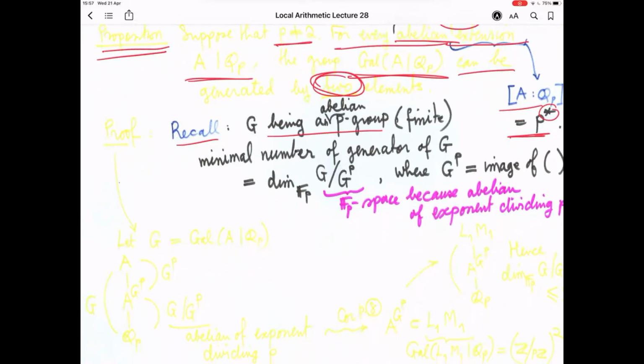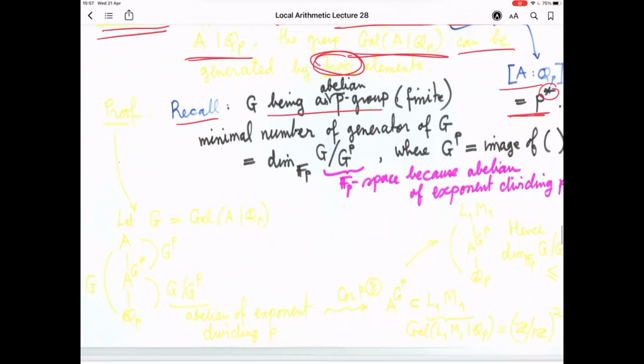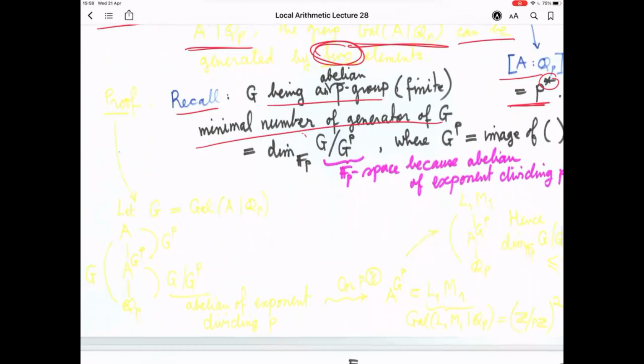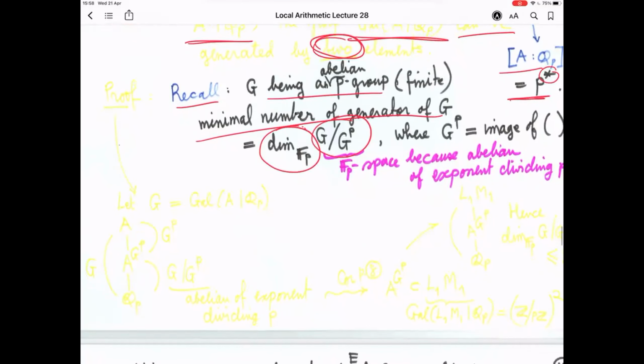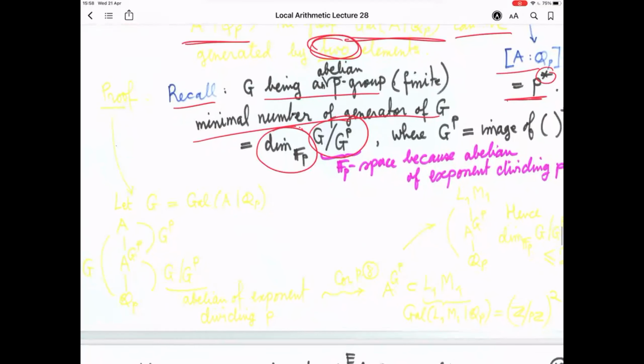The proof says that if you take any abelian commutative P group, the minimal number of generators of this group is equal to the dimension over Fp of G modulo G to the power P. The G to the power P is, of course, the image of the multiplication raising to the power P map.